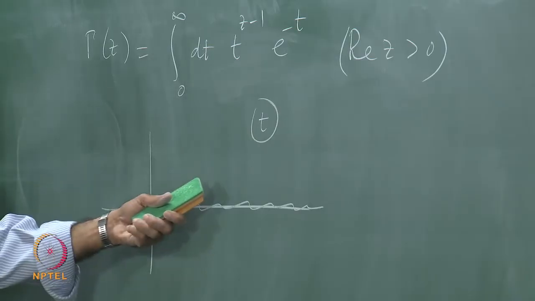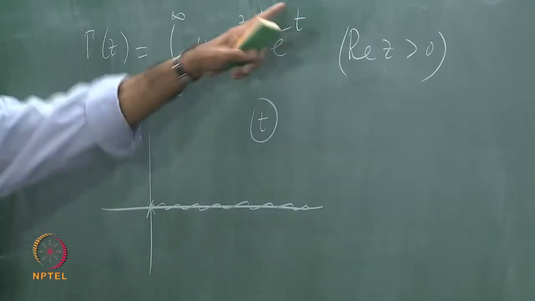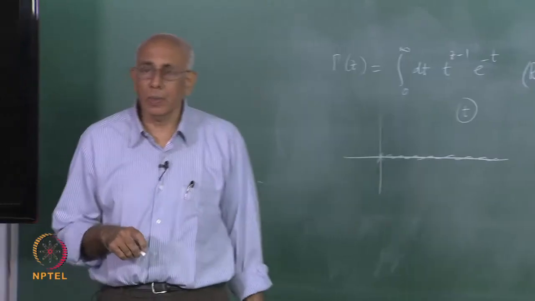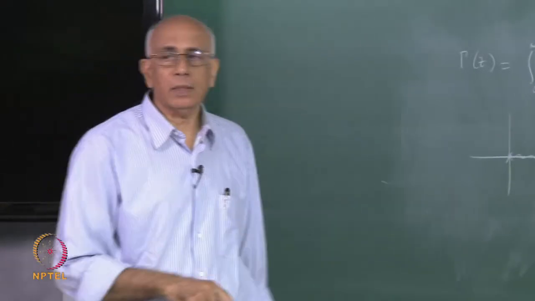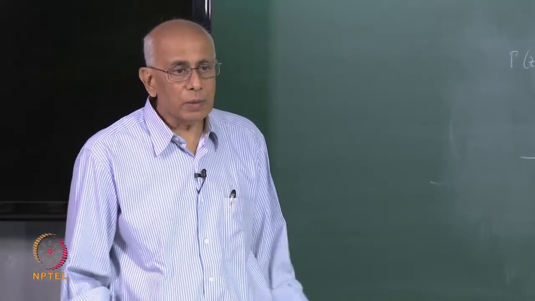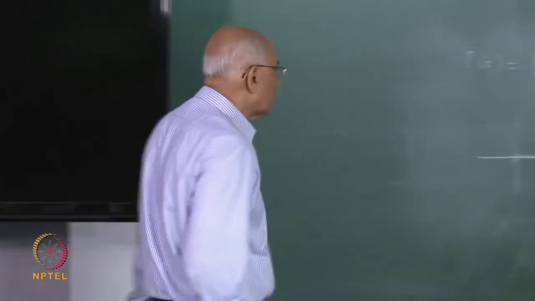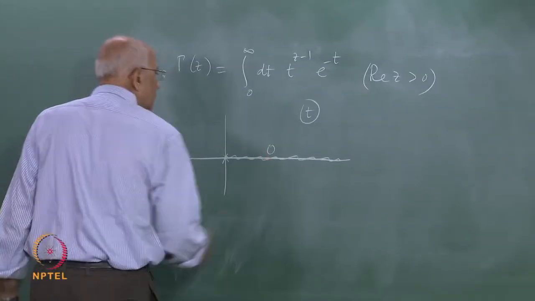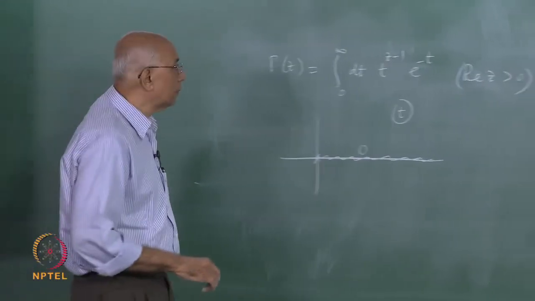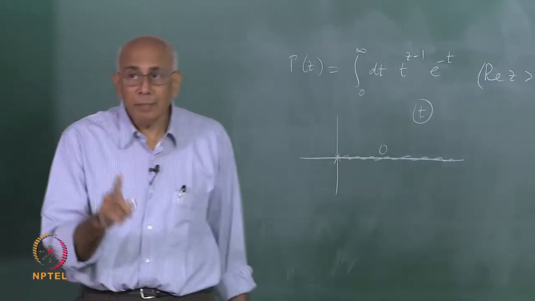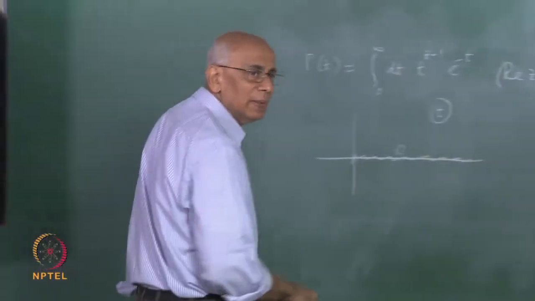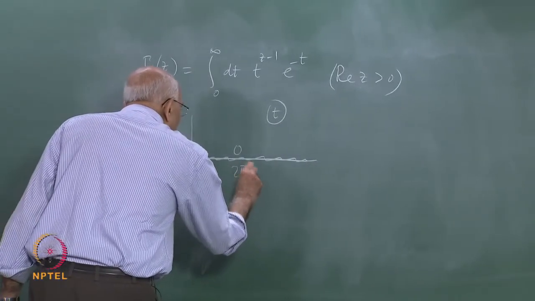What is the phase of this function t to the z minus 1? By the way, e to the minus t is an entire function, no problem at all. What is the phase of t to the z minus 1 just above the real axis? 0, because the phase of t is 0. So the phase here is 0, and what is the phase here? Not z but t; t increases by 2 pi. So the phase is 2 pi z.